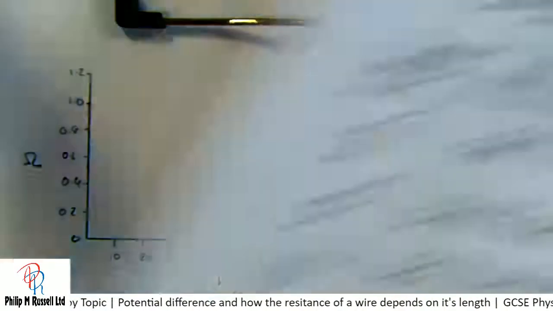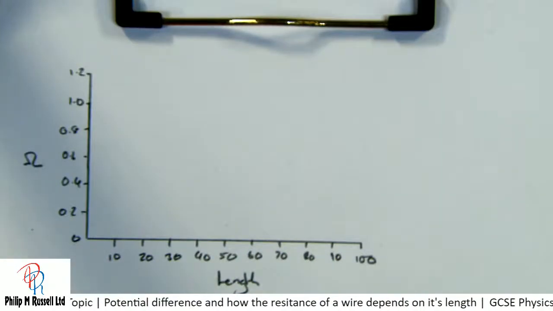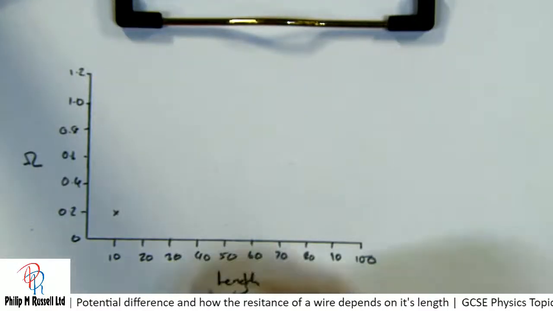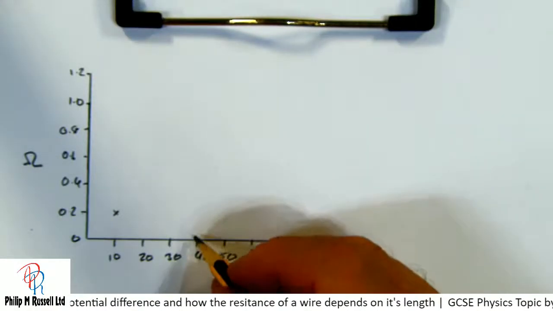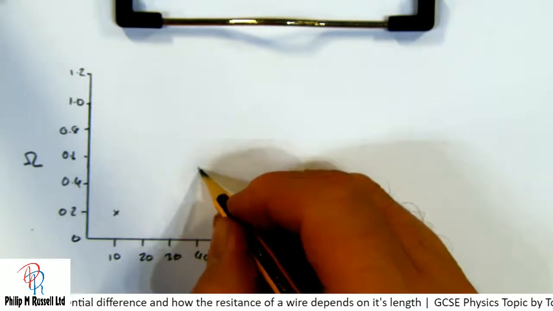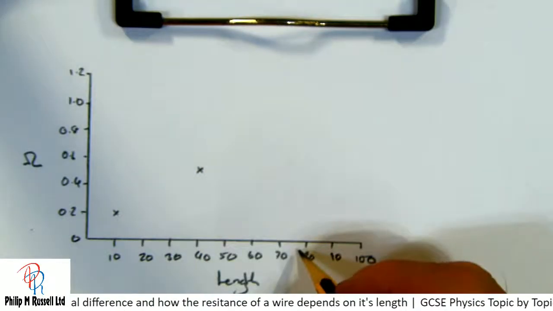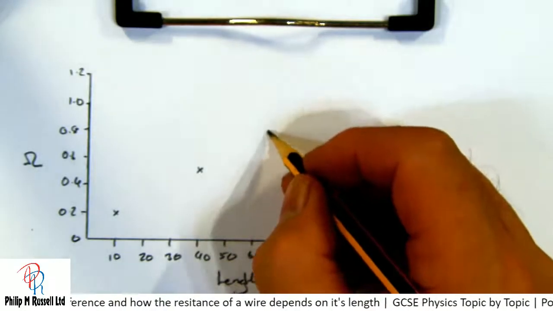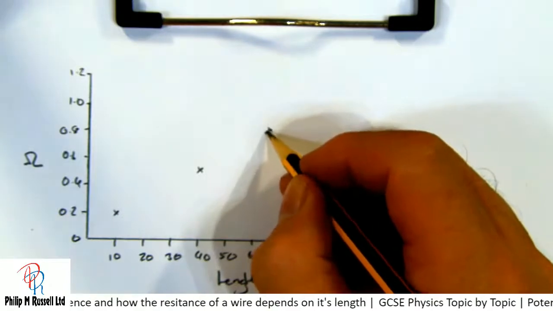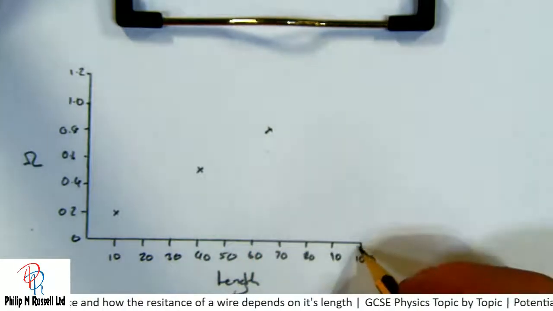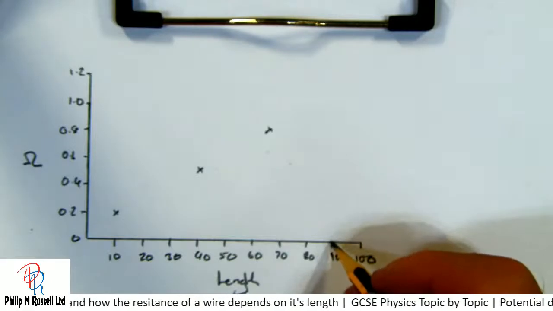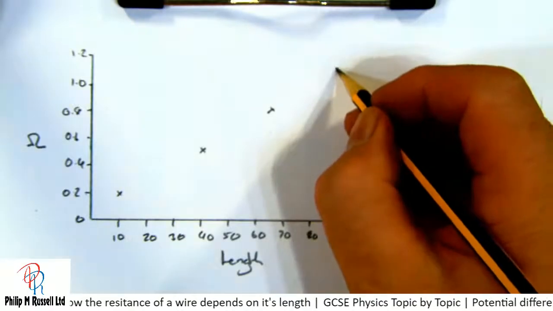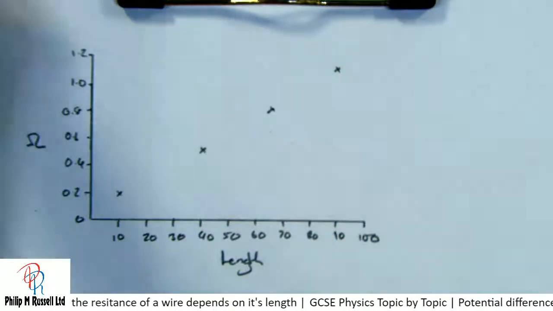So if I take my first values here, at 10 centimetres I've got 0.2, at 40 centimetres I've got about 0.55, at 65 centimetres I've got 0.83, and at 90 centimetres I've got about 1.11.